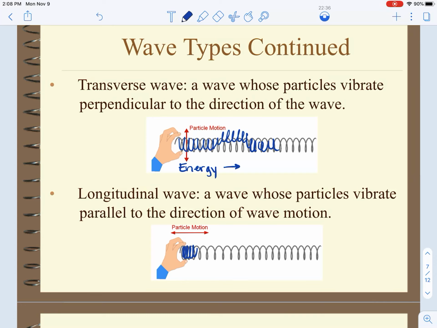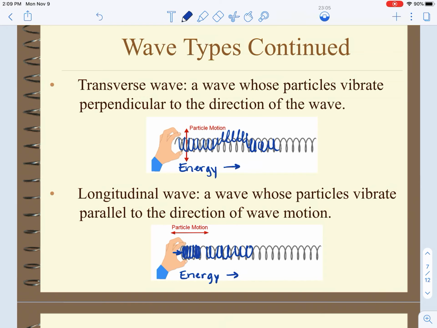With a longitudinal wave, the oscillations or the disruption is going to be along the same line as our energy motion. So here, the person pushed the slinky forward so that it basically squished this little section of the slinky. And so what that did was it created a space of compressed slinky coils.